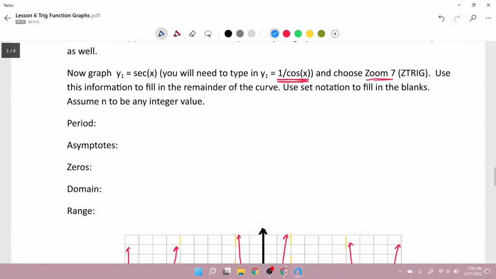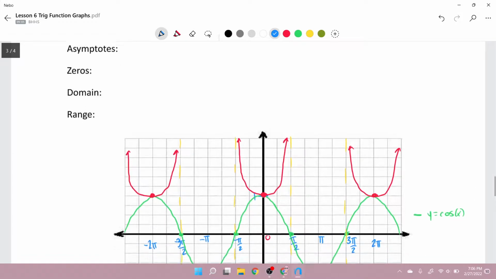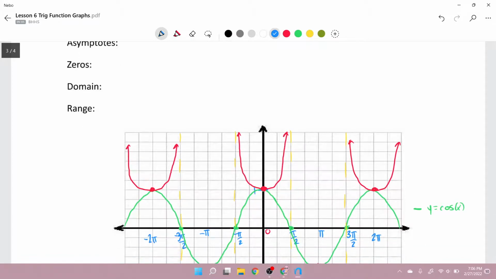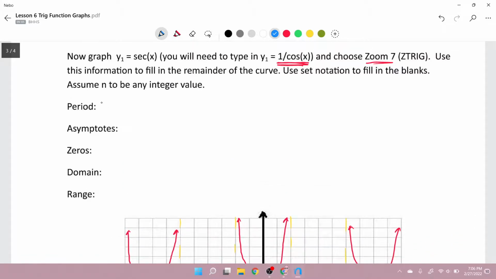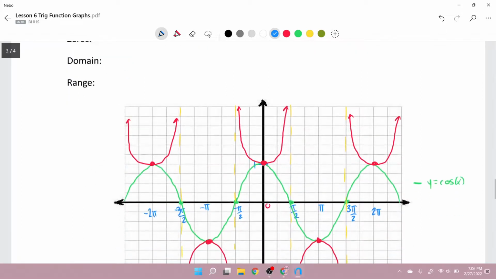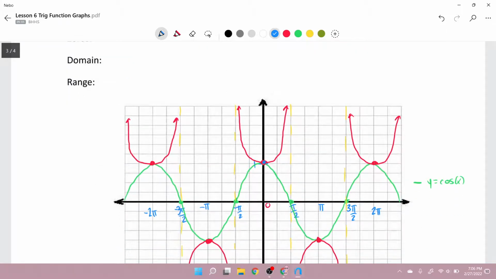All right, now we've got to fill out the period, asymptote, zeros, domain, and range of this function. The period of secant will have the same period as cosine. Do we recall what the period of cosine was? It was period equals 2 pi. If you look, we start here, and we don't get to that y value again until 2 pi units later.